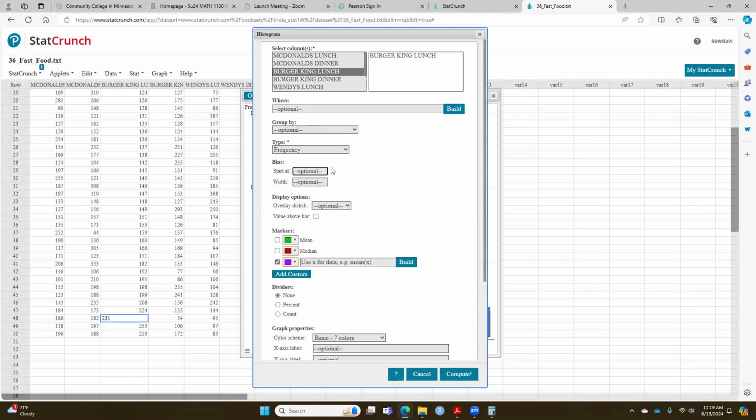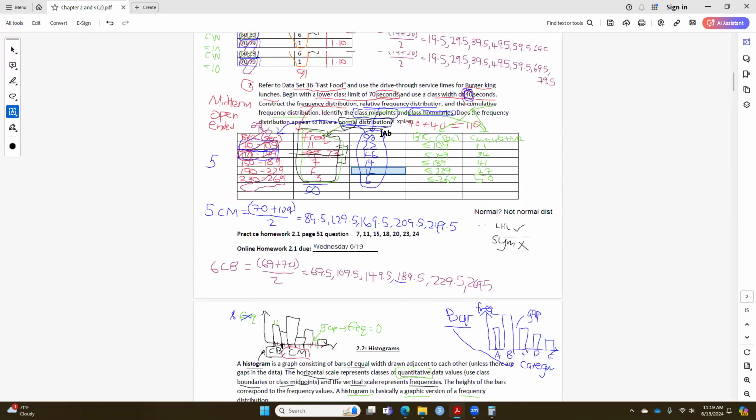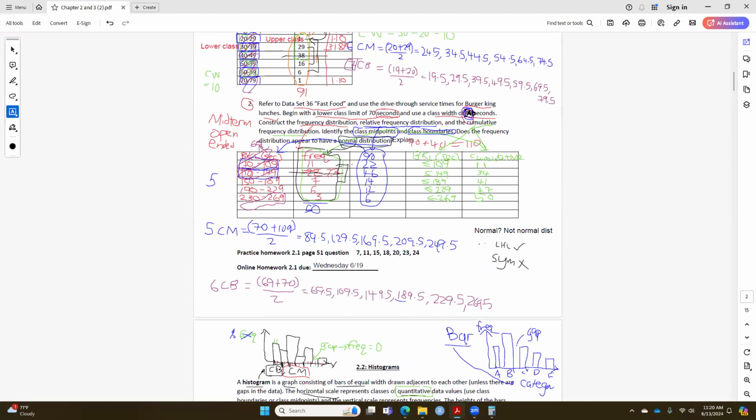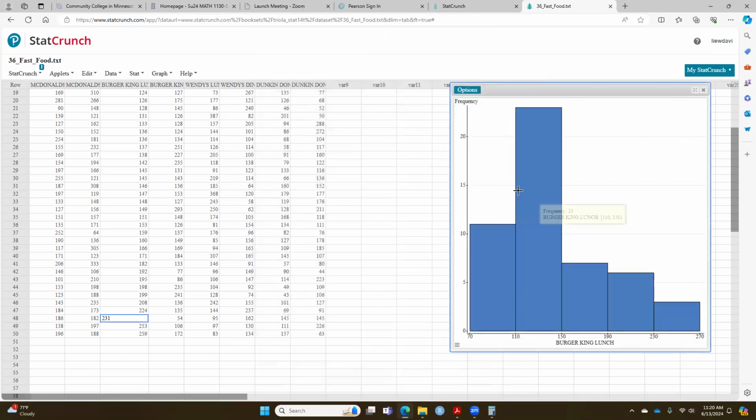If you look at the question, we start at 70, right? If you remember, it starts at 70 and the class width is 40. So if you want to draw exactly the same, you have to start at 70 with a class width of 40. If you hit this, this will be exactly the same as the example that we have.